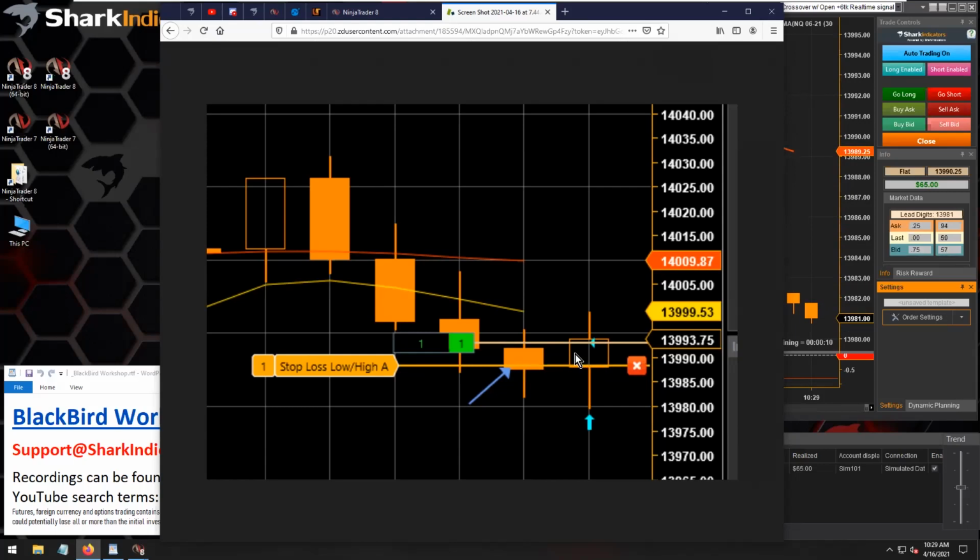So again, you'll just need custom logic to determine which direction is inside the bar. So if it's a down bar, then you're adding one tick to the closing price. But if it's an up bar, then you're subtracting one tick from the close.